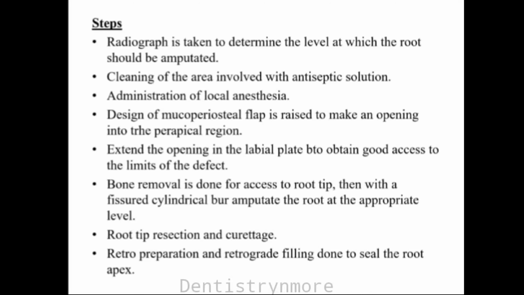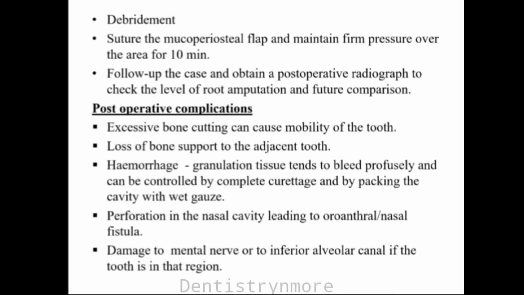Bone removal is done to access the root tip. Next, the root tip resection and curettage is done. Retro preparation and retrograde filling are done to seal the root apex. Next is debridement and suturing the mucoperiosteal flap, maintain firm pressure over the area for 10 minutes, follow up the case and obtain a post-operative radiograph to check the level of root amputation and for future comparison.